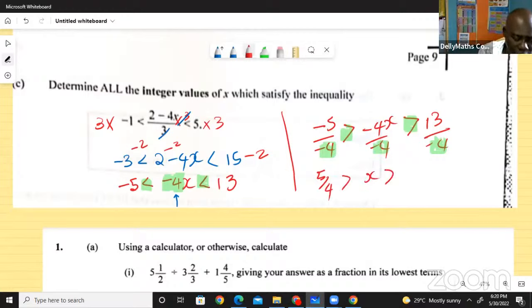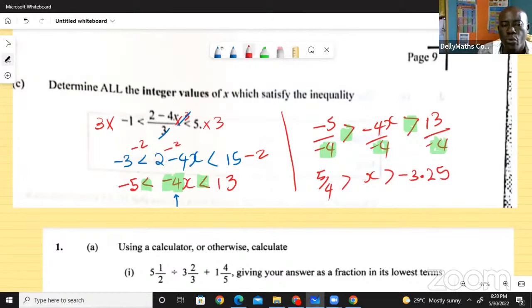But -13/4, our 13 divided by -4, if you want to call it that, we'll get -3.25. So we're saying here that x is greater than -3.25, but it is less than 5/4.